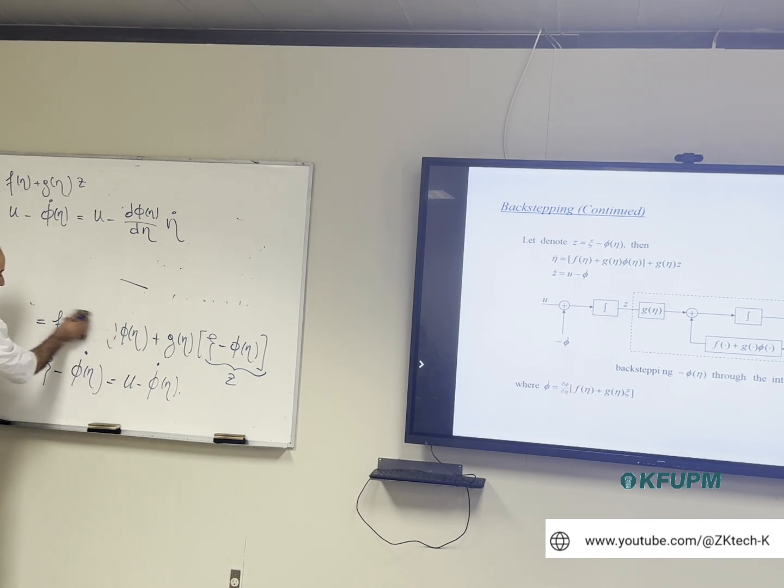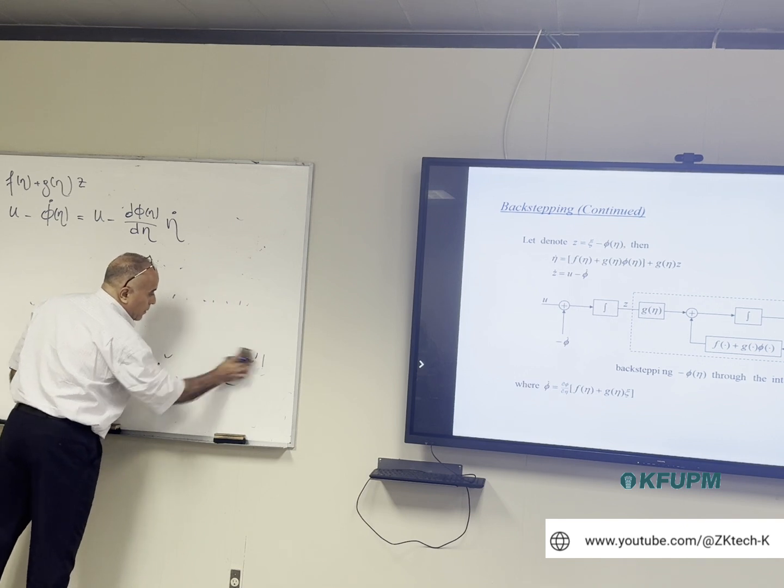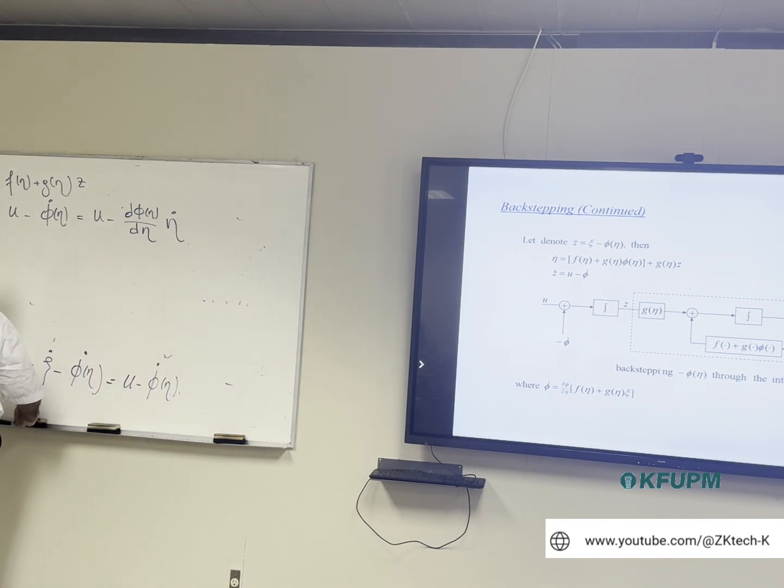So our objective is to find the controller. In the first step, to find phi of eta, I used v1 of eta equal to half eta squared. This is the one that gave me the value of phi of eta here. In the second attempt, to find u, I'm going to use v2 of eta equal to v1 of eta plus half of z squared.